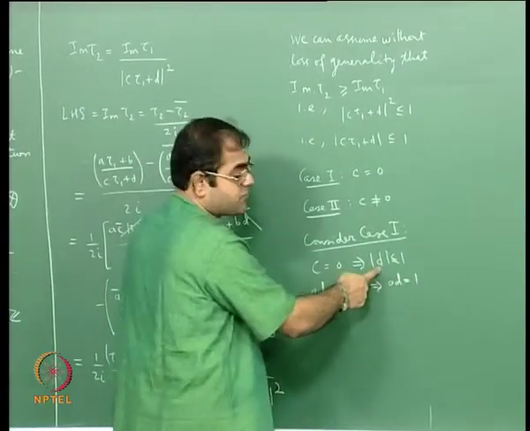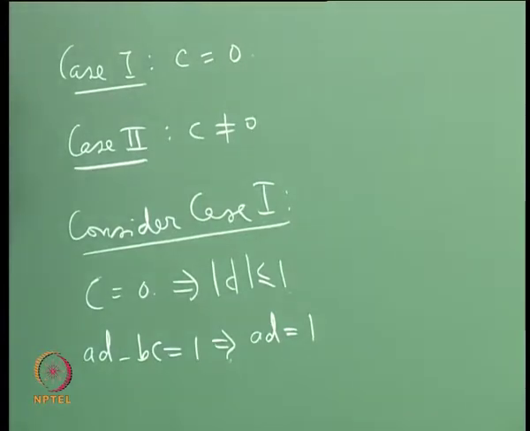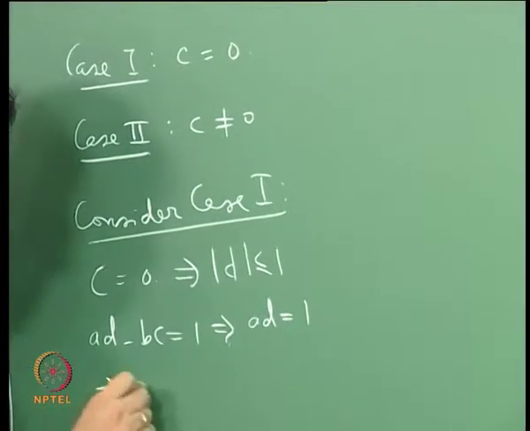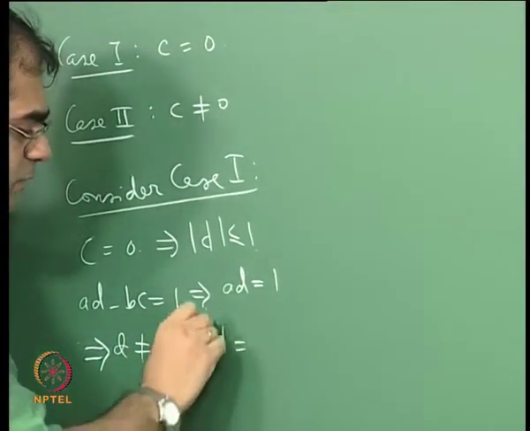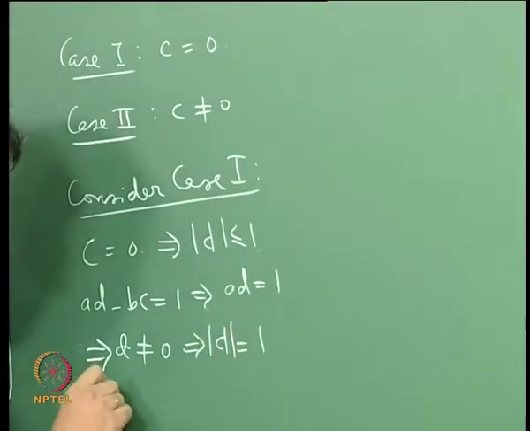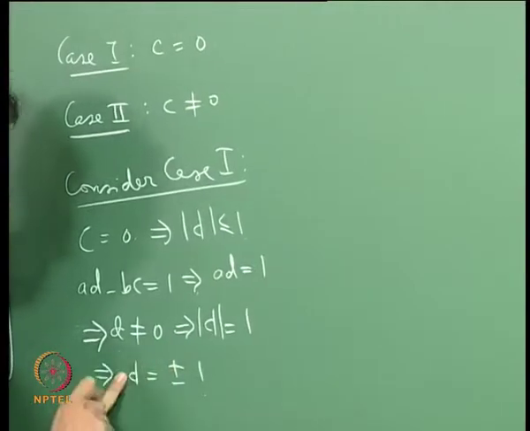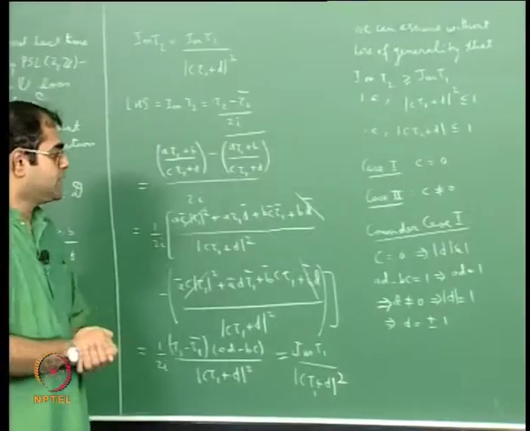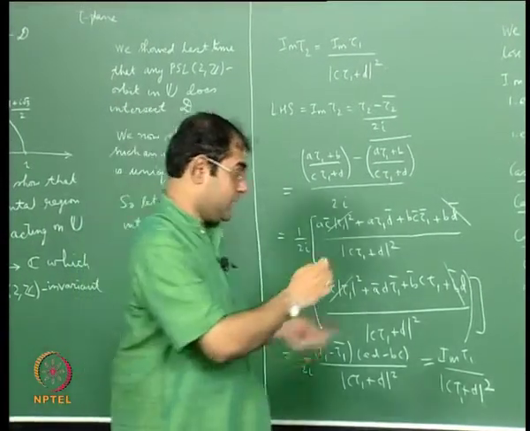So D is a non-zero integer with modulus less than or equal to 1, so it has to be modulus 1, which implies D is plus or minus 1. So this is what you will get, and then what happens then?